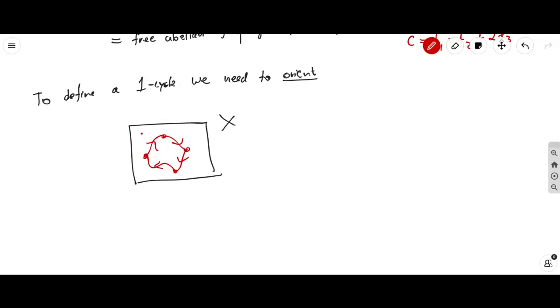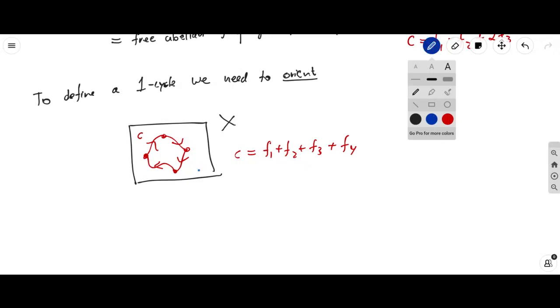So C represents that chain. Okay, so let's say the chain is made out of F1 plus F2 plus F3 plus F4. And let's say the points are, let's say this is X1, X2, X3, X4. Those are the endpoints.